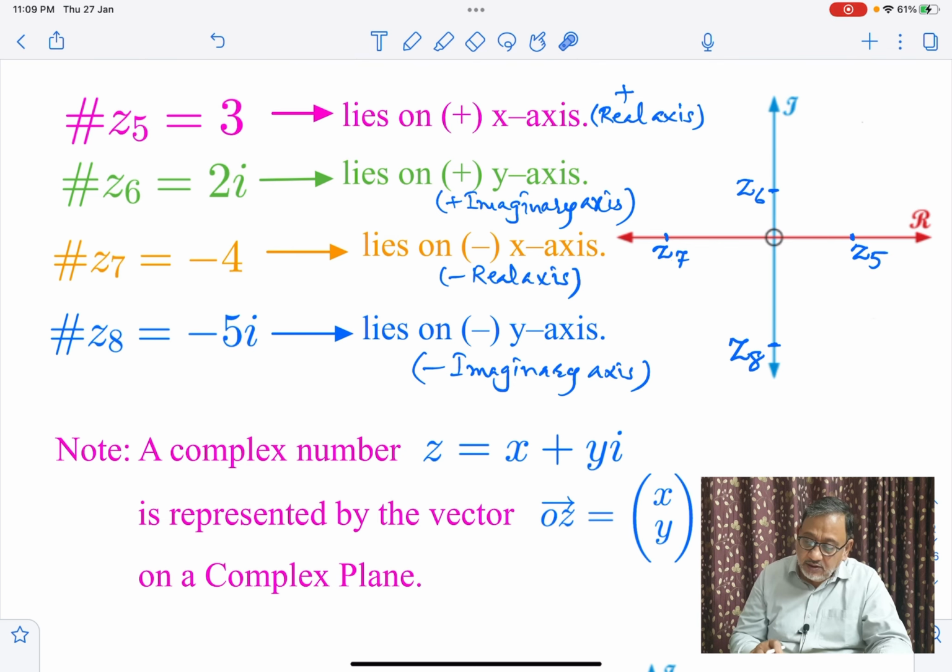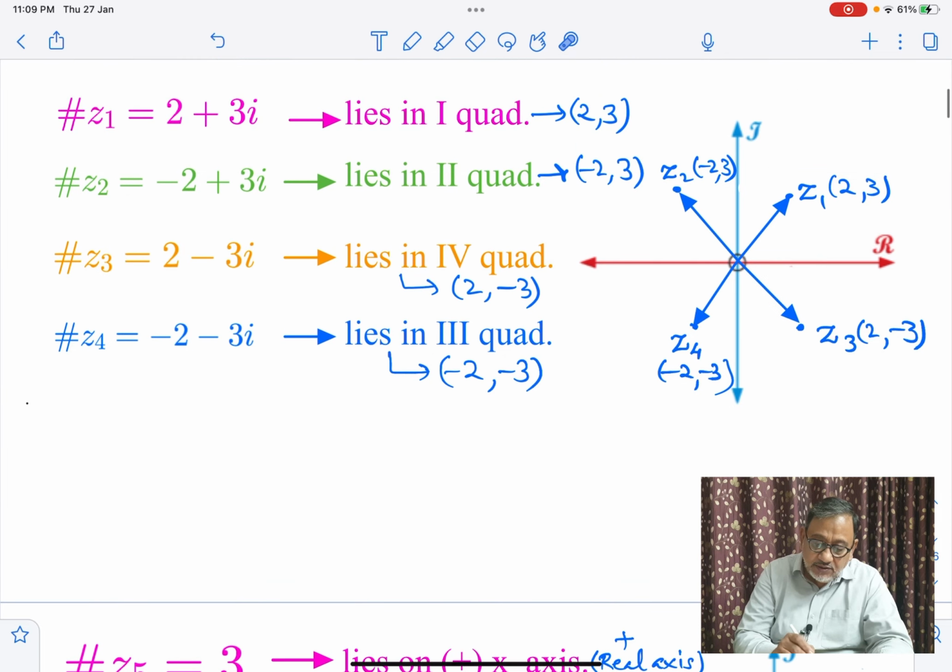So actually a complex number z1 is from O to Z1, complex number z2 will be OZ2, complex number Z4 will be OZ4, and Z3 will be the complex number given by OZ3.